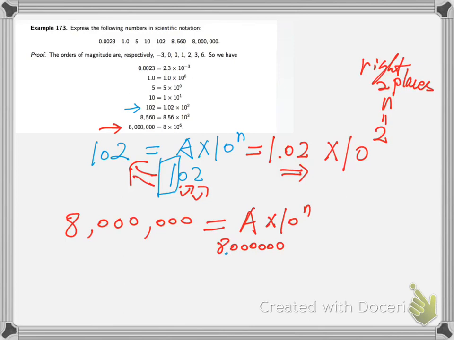So our A is 8. 8 point, a lot of zeros, so it's still the number 8. Times the movement. We move this decimal point to get 8 million, so we have to move it this way. How many places? 6 places. So n is positive 6, and it's 10 to the 6th power.